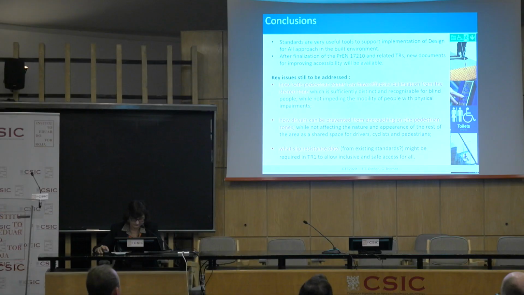Key issues still to be addressed are how a pedestrian zone can have effective delineation from the shared zone, which is recognizable enough for blind people, how drivers can be prevented from encroaching on the pedestrian zone, and what slip resistance data may be required to allow inclusive and safe access to all. This will need to be explored in the TR1 soon.